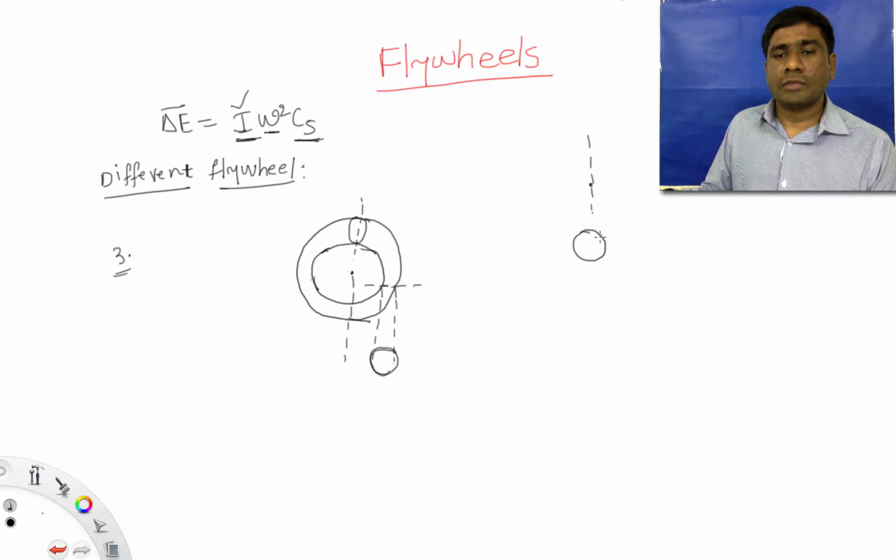If I rotate this circle about this axis, it produces the torus.